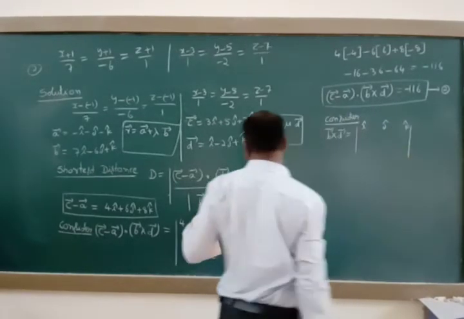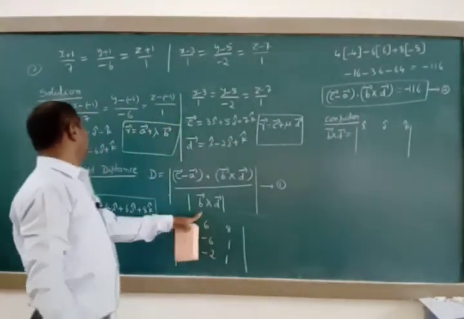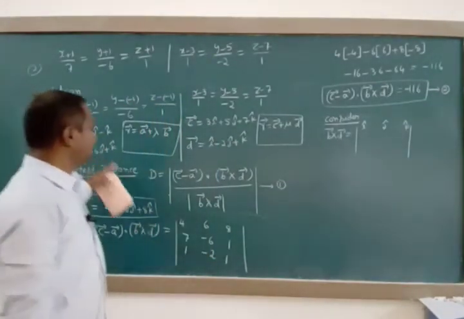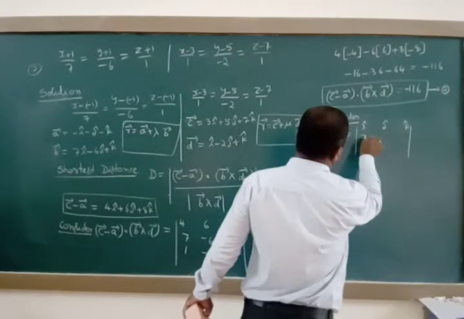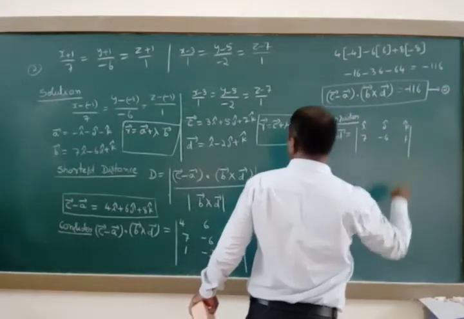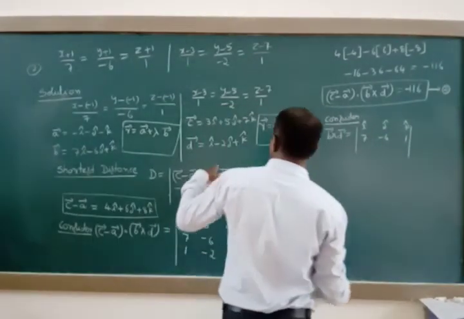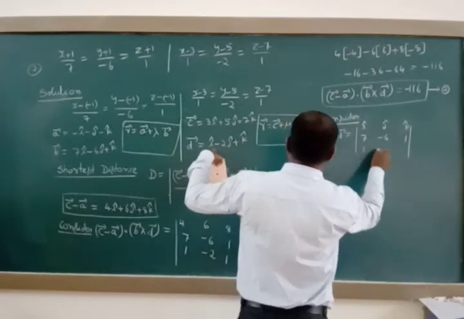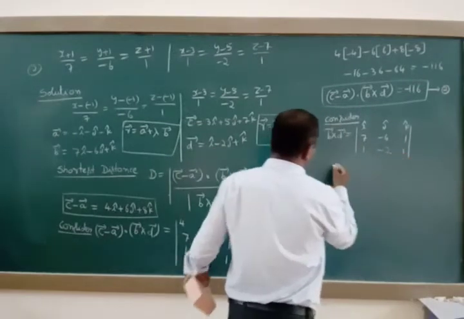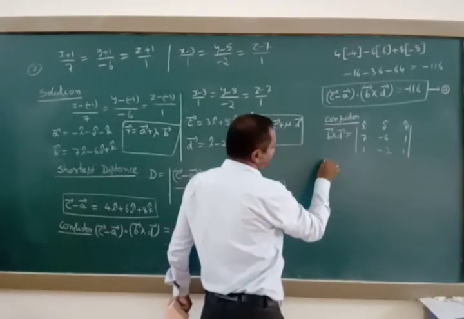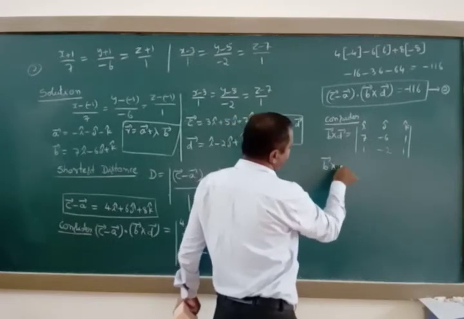From b, the coefficients of i, j, k are 7, minus 6, 1. From d, the coefficients of i, j, k are 1, minus 2, 1.